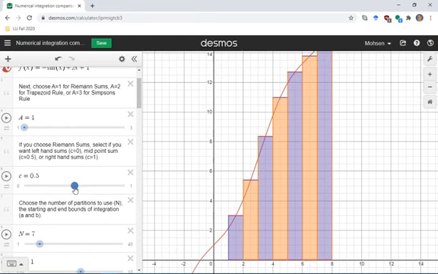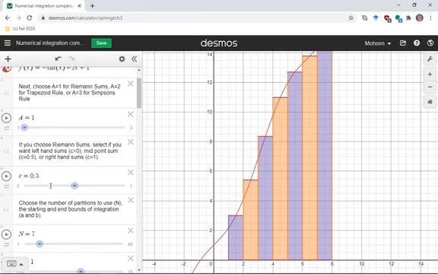So this was, you remember, this was midpoint, left, right, and so on. So it's clear that we have a certain number of panels in mind. How do we handle this? So I have an A, I have a B, and I have an N.